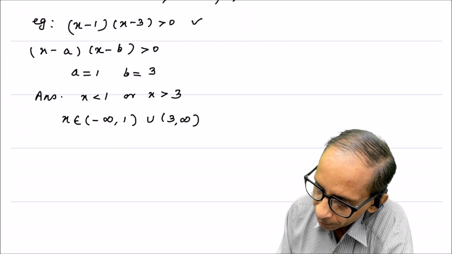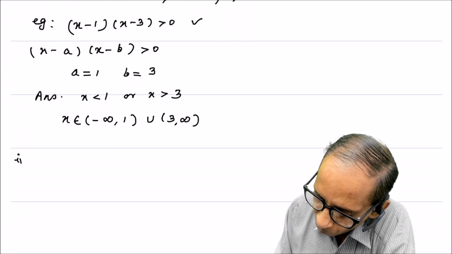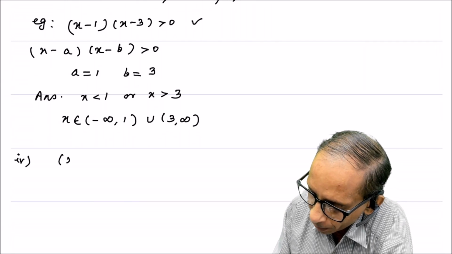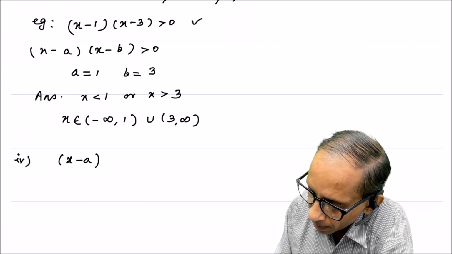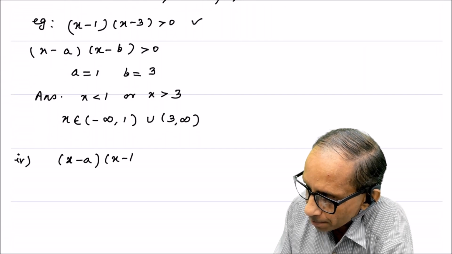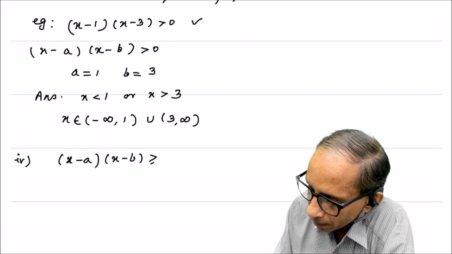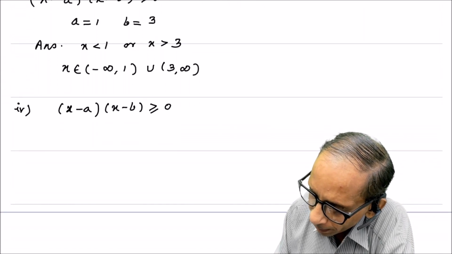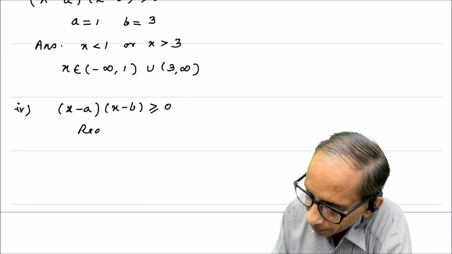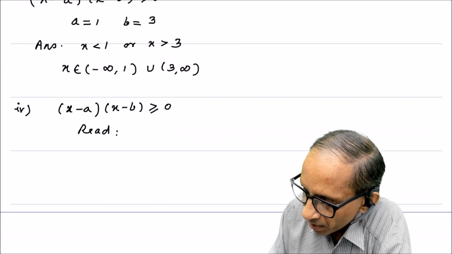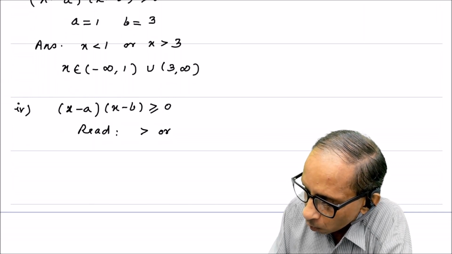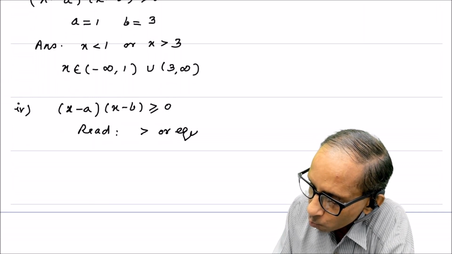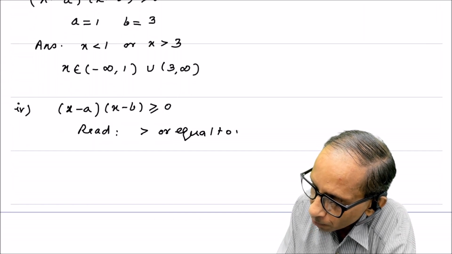This is the solution for the quadratic inequality (x minus 1) into (x minus 3) greater than 0. We now take up the fourth case of quadratic inequalities, (x minus a) into (x minus b) greater than or equal to 0. We read it as greater than or equal to 0.